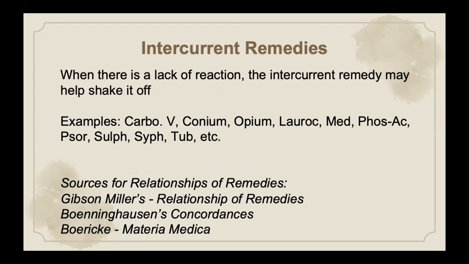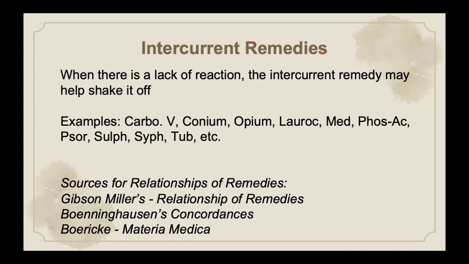Intercurrent remedies, and we've seen this with Devira's presentation of Boenninghausen concordances, and Tikva gave us a presentation of other remedies that work. I didn't want to repeat Devira or Tikva's talk, so I just added an important thing to note: when there's a lack of reaction and you know the remedy that you've chosen for the prescription is adequate, sometimes there's just no reaction.